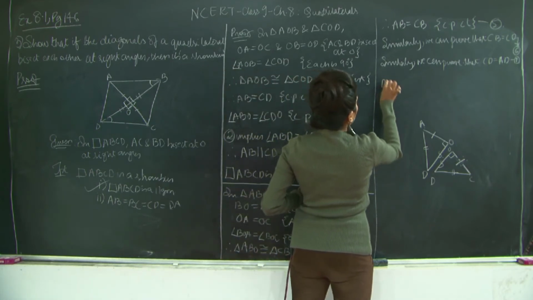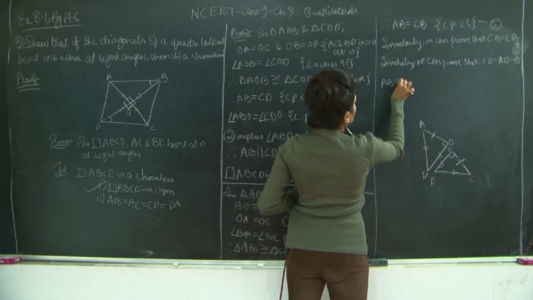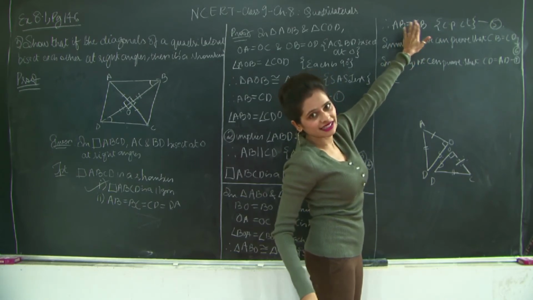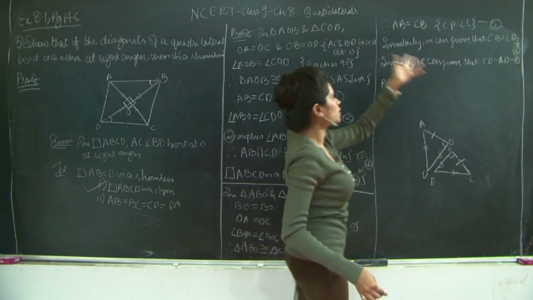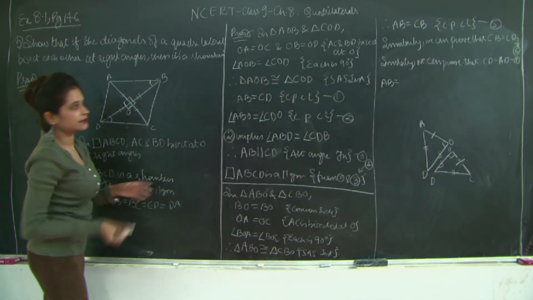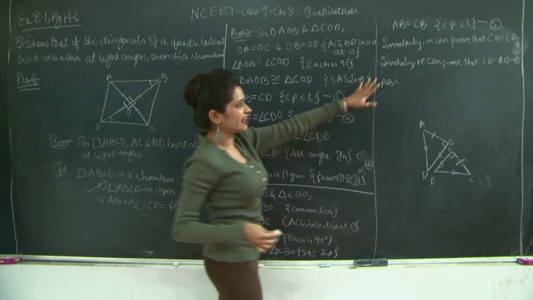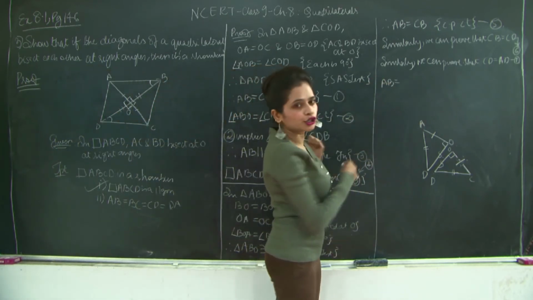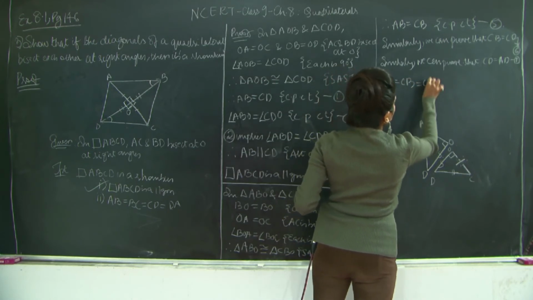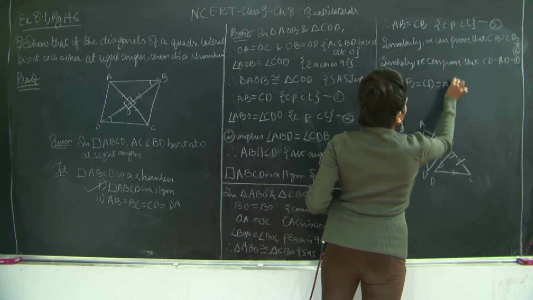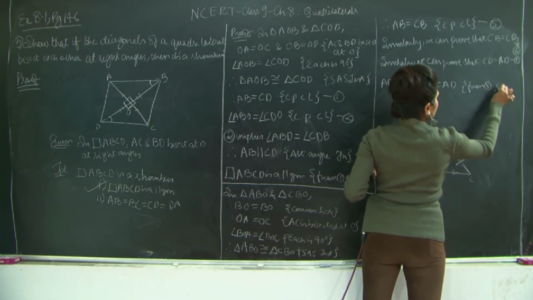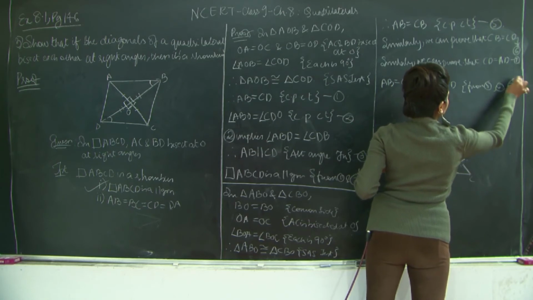So I'll say AB is equal to, we have CB which we can write as BC. If you want, we'll write it as CB first and then change it to BC, because CB and BC are the same sides. So let's just write what we have proved, and then we'll shuffle it according to our requirement. So I'll say AB is equal to CB is equal to CD is equal to AD, and I'll say from 5, 6 and 7.